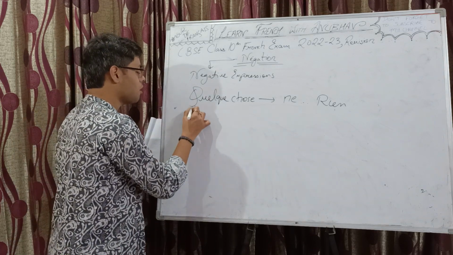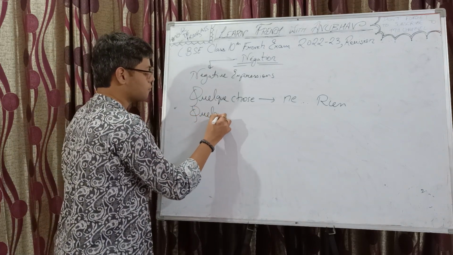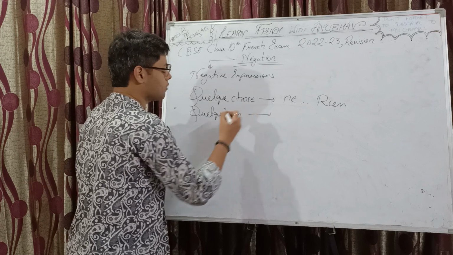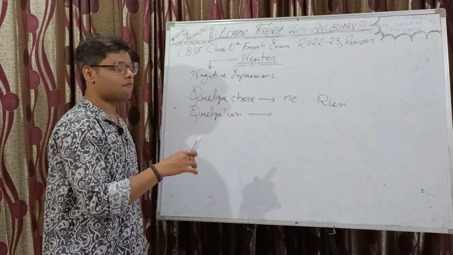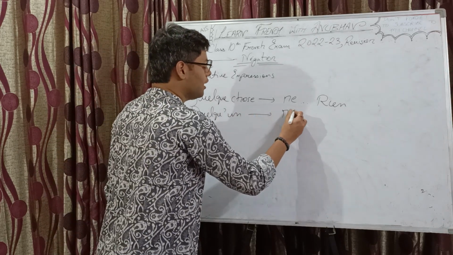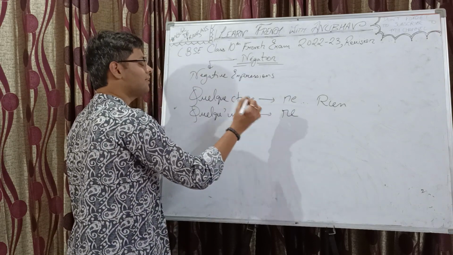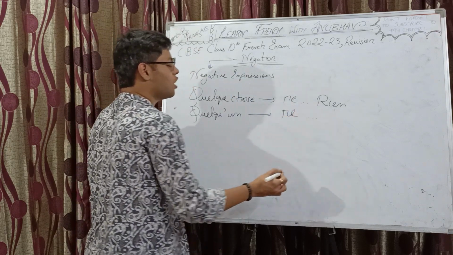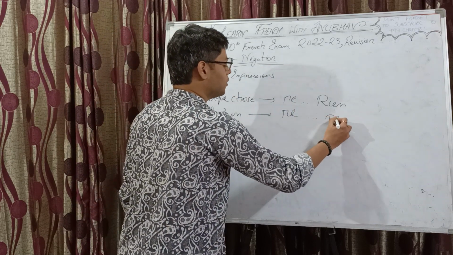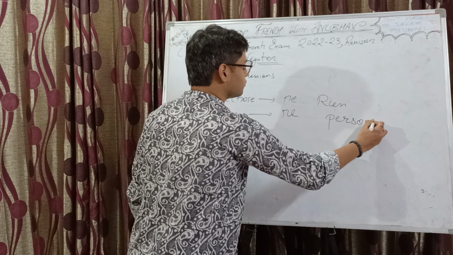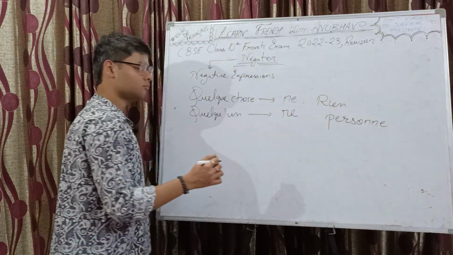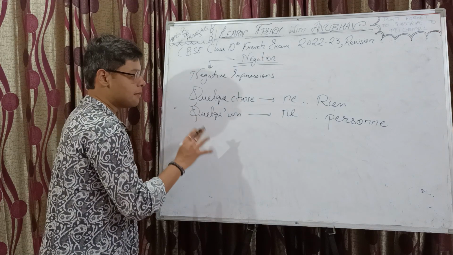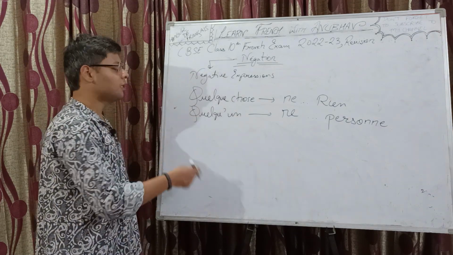Next we can talk about quelqu'un. Quelqu'un means someone. Negative counterpart, subject plus ne plus verb plus personne. Okay, ne personne, no one or nobody.